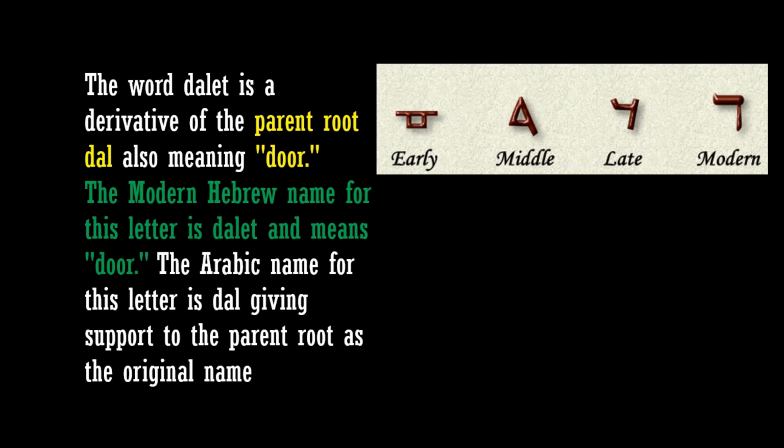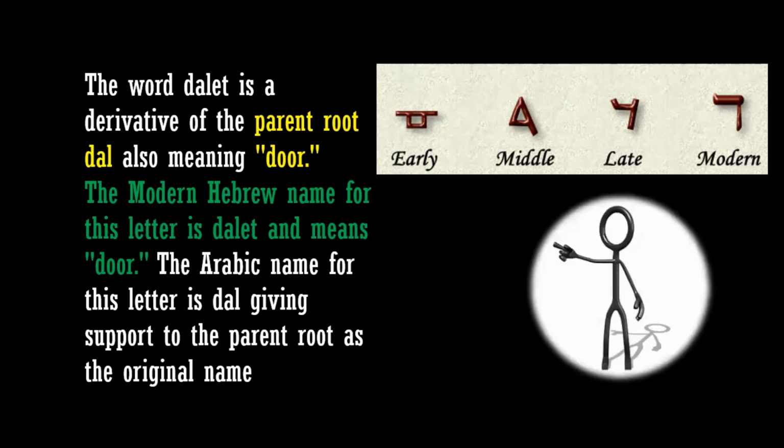The Arabic name for this letter is Dal, and this supports the fact that the parent root Dal would be the original name. And there we have some representations of the various transitions of the letter from the early to middle to late to modern.